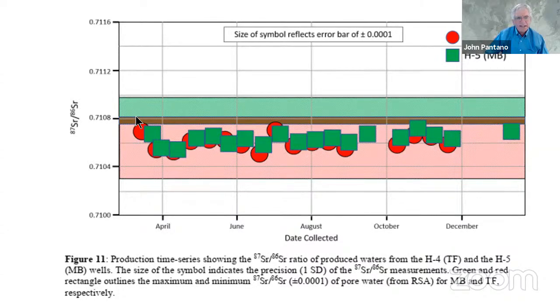So remember, we said that the middle Bakken was pretty homogeneous, which goes from this top green layer. So the residual salts numbers for all of the middle Bakken samples fell within this region of the isotope ratio between this to this. And then all the Three Forks, the highest strontium isotope ratio is right here, the lowest was right here.